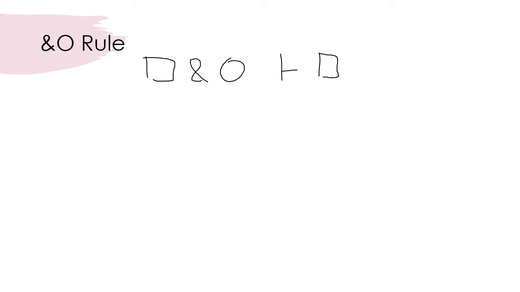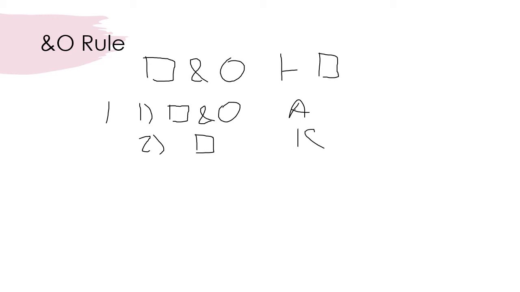What it says is that from an ampersand, derive either side. One ampersand out. So the most basic proof for ampersand out is that you will be given an ampersand here, as we were in our premises here, or as our premise here.